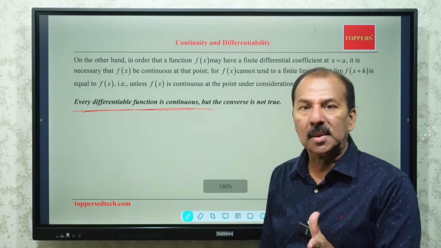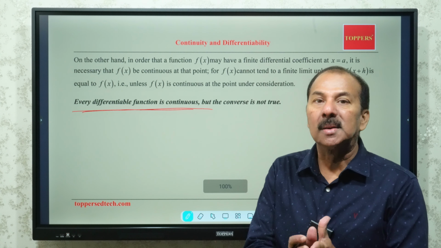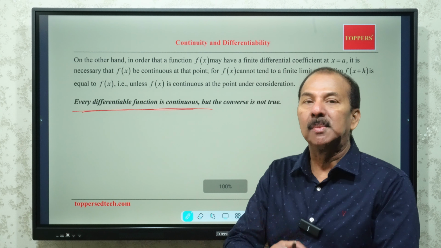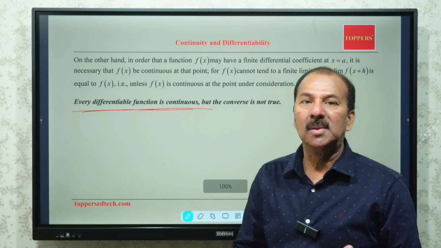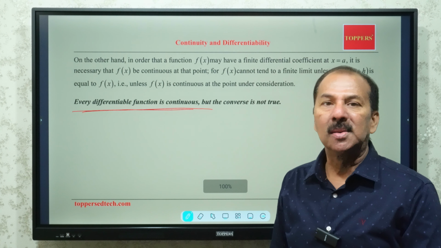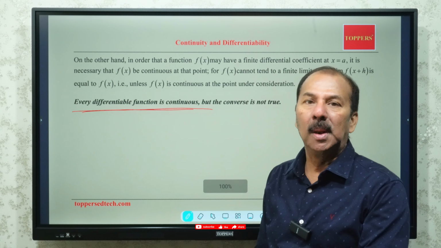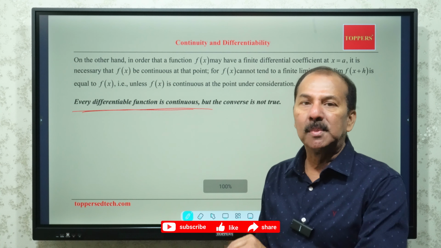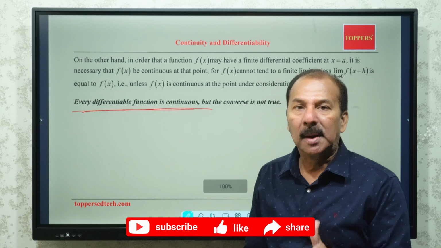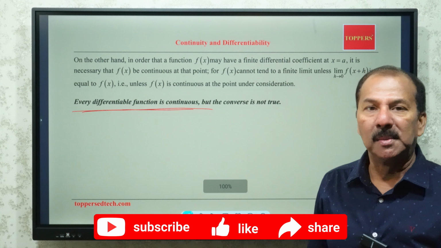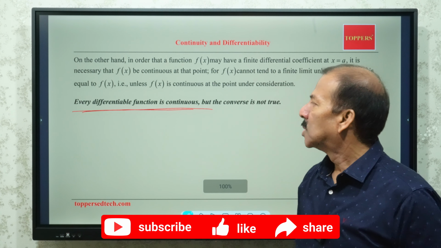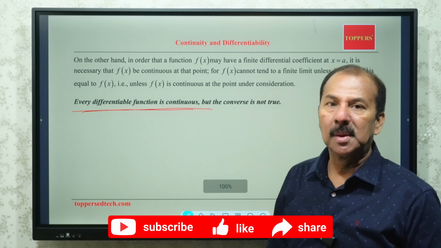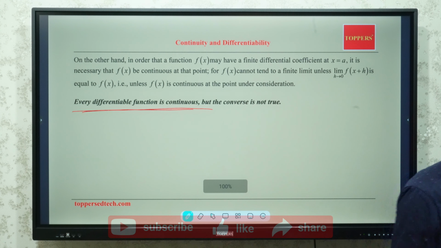If a function is continuous, then only we can say that it may be a differentiable function, or it may not be. Depending on the nature of the function, if the function is continuous, then either it will be differentiable or it may not be. But if a function is differentiable, obviously it will be a continuous function. So we will see some examples based on this.